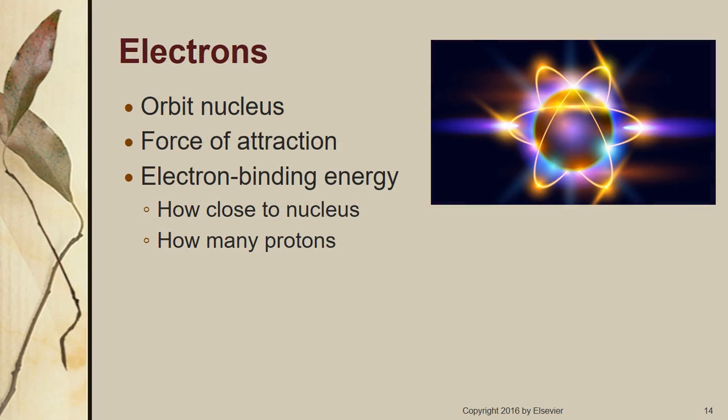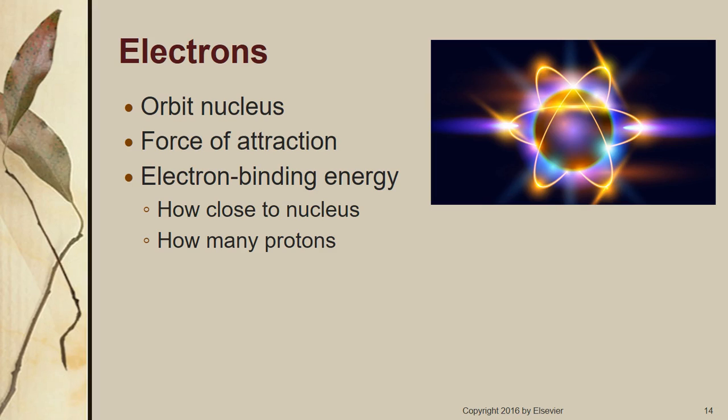Then we have electrons. The electrons orbit the nucleus at very high velocities, and the force of attraction between the negative electrons and positive protons keeps them in orbit. So it's that binding energy that's making them move. They're moving so fast. It's not like something we see, but it's there.